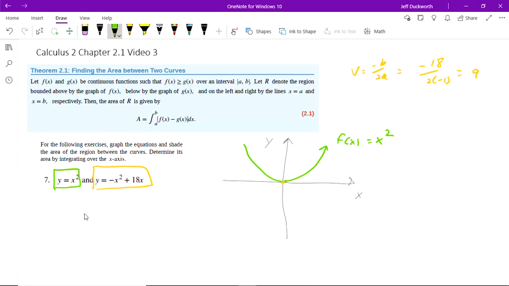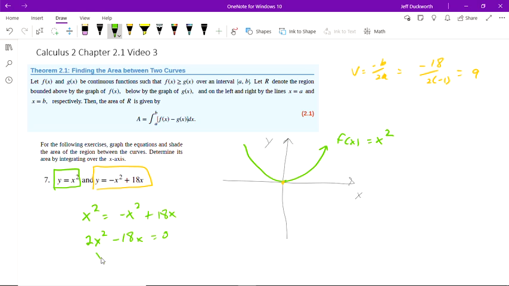All right, so if we set the two equal together, x squared equals negative x squared plus 18x, move everything over to the left, that gives us 2x squared minus 18x equals 0. We can factor out a 2 and then divide.